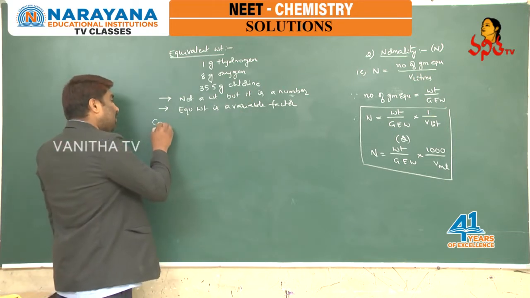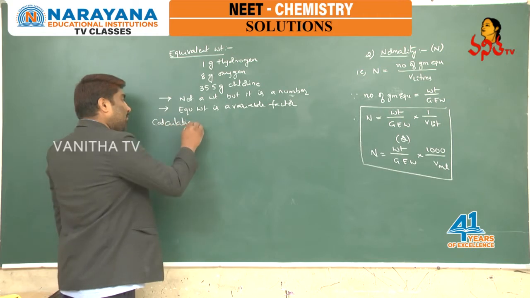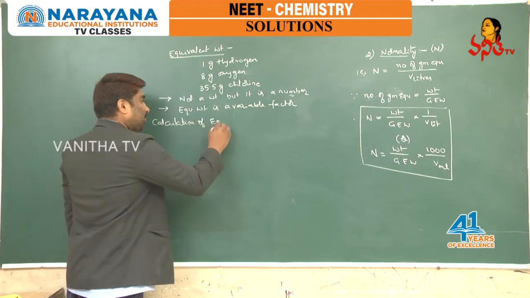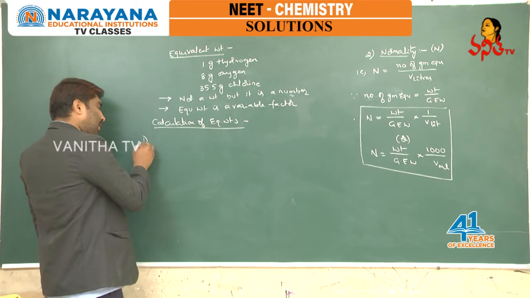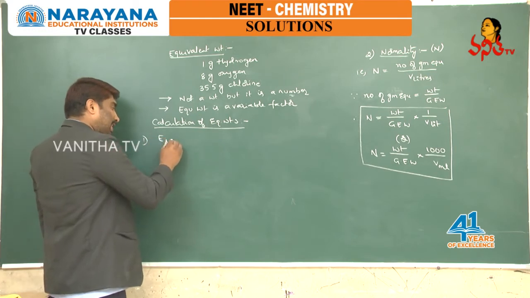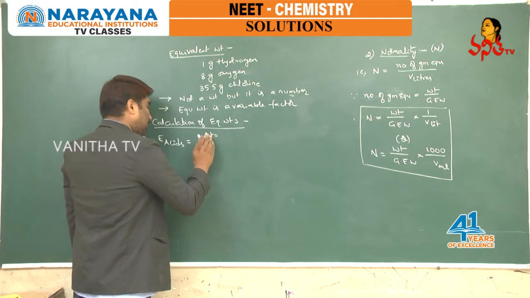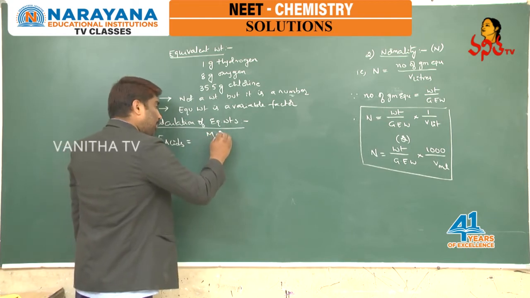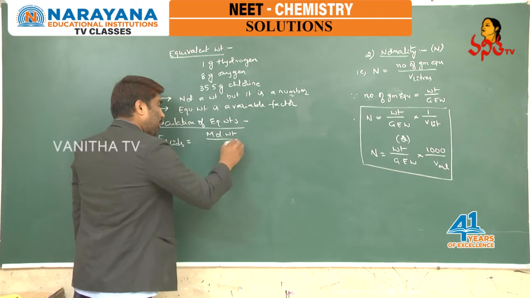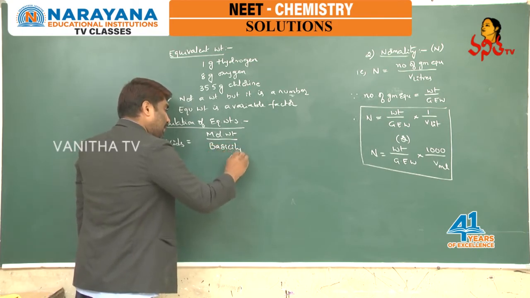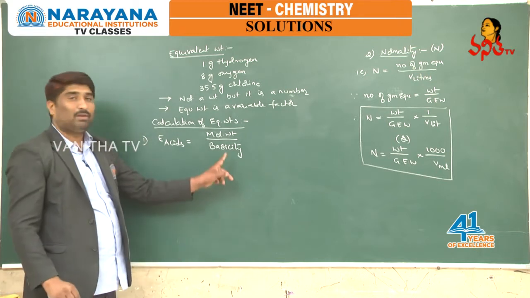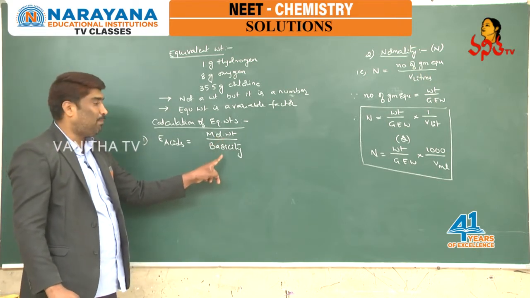How to calculate equivalent weights? First let us go for the equivalent weight of acids. Equivalent weight of acids is nothing but molecular weight by basicity.